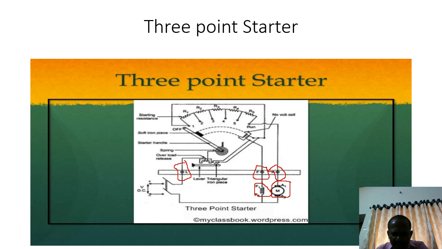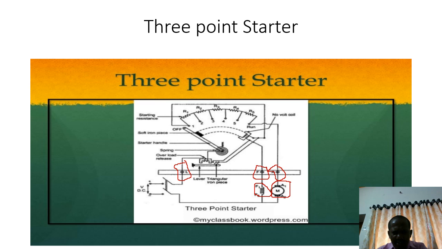Here you can see another part: this is the overload release coil. This is a lever, a triangular iron piece, and this one is the no voltage coil. This is the starting resistance R1, R2, R3, R4, R5.